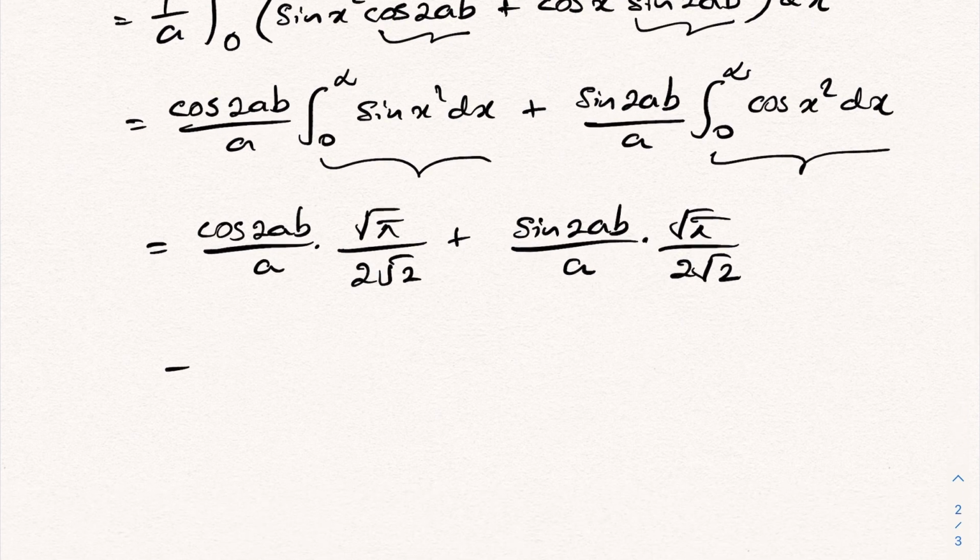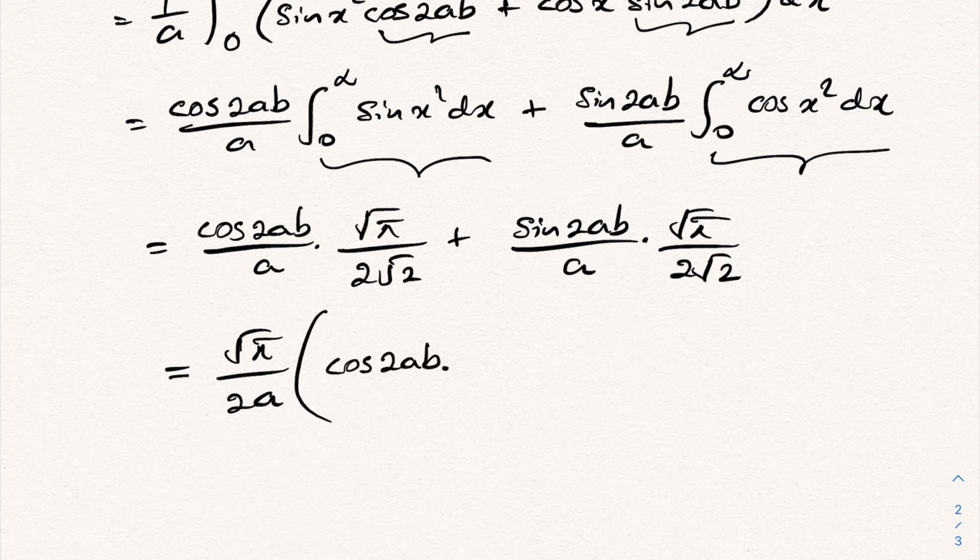Now we can take square root of pi over 2a as a common factor. Then we have cosine of 2ab times 1 over square root of 2, which we can write as sine of pi over 4, plus sine of 2ab times 1 over square root of 2, which is cosine of pi over 4.